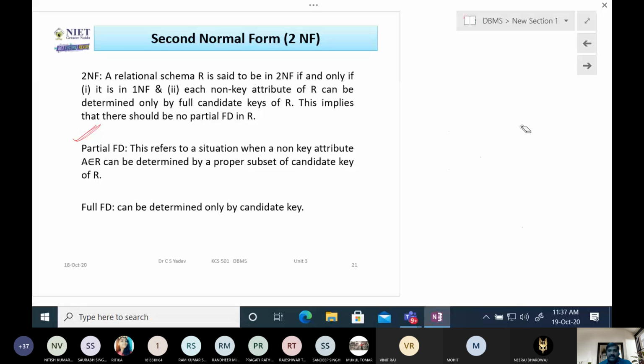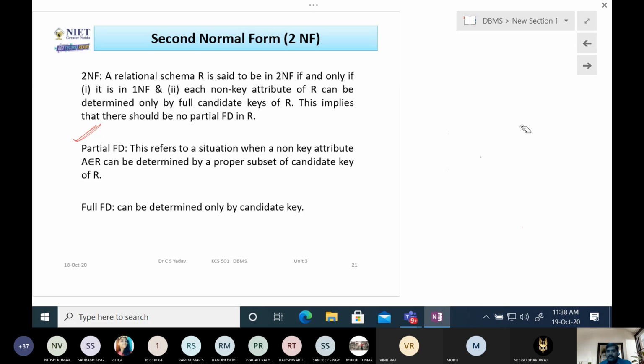In normalization we reduce the redundancy and then remove the various anomalies like insertion anomalies, deletion anomalies and updation anomalies which occur due to repetition of the information. So if we reduce the repetition of the information, automatically those anomalies will be removed.